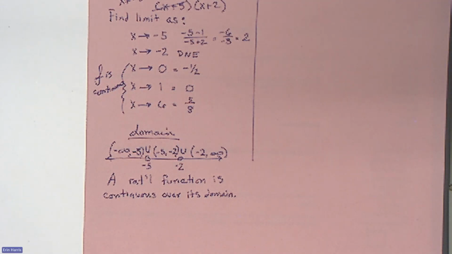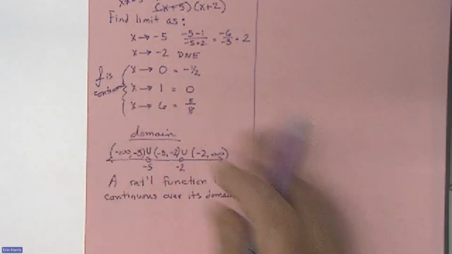I could say that about many functions. I mean, a polynomial is continuous for its domain. Its domain is all real numbers, right? And it's continuous for all real numbers. So I could have put polynomial in there. I could have put algebraic. I'm going to show you in a few minutes, though, a function that's not continuous over its domain. So anyways, f is continuous here.